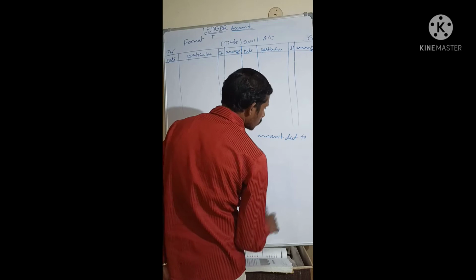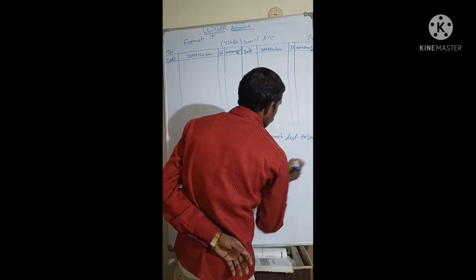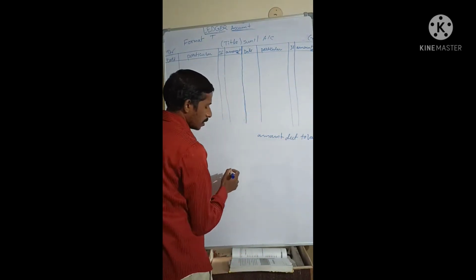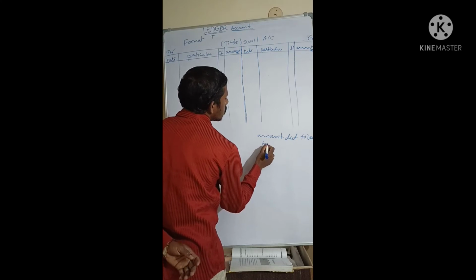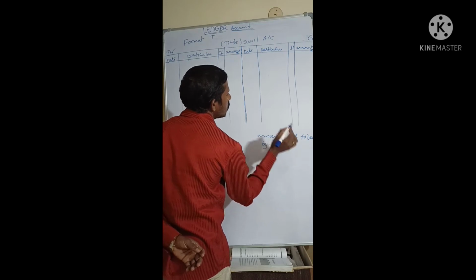Amount due to Vamshi means we should write this transaction on the by side. By side means it is the credit side.